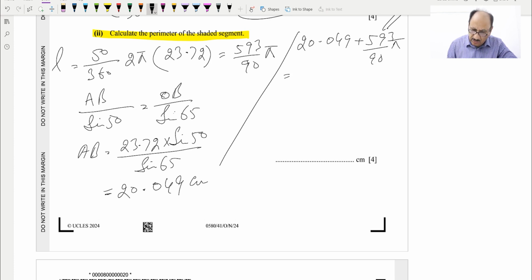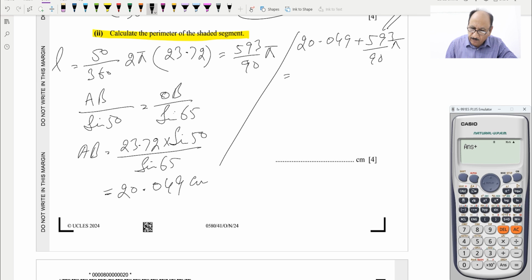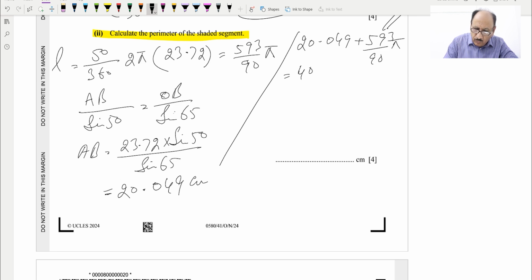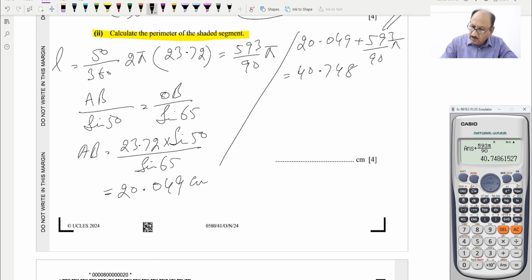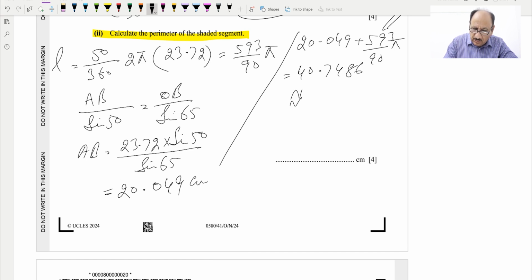We will add in this fraction, 593 pi over 90, and this is equal to 40.748. Okay, so we can write it as 40.75. So the answer will be 40.75. This will be the answer for the 4-mark question.